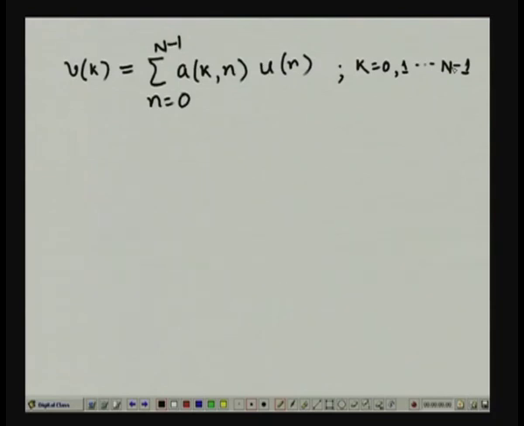So, I get all the n elements of the vector V k.